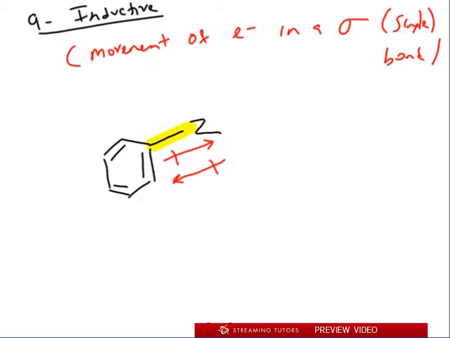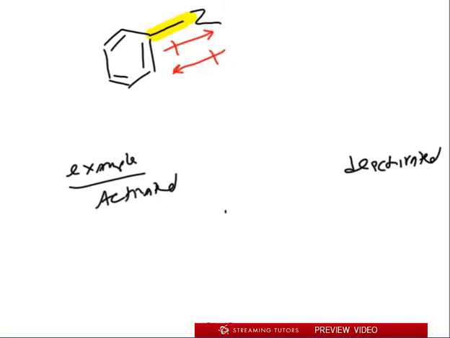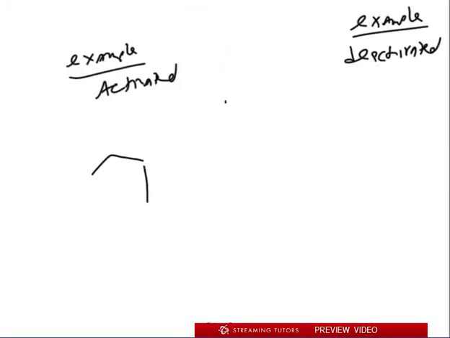So let me give you an example in both directions. So here's an example of an activated and an example deactivated. Okay? And you can see the difference between the two. So for an activated, if I have a benzene and it's attached to methyl, right? Then the carbon, since it's carbon to carbon communication here between the two, this carbon will help benzene out.